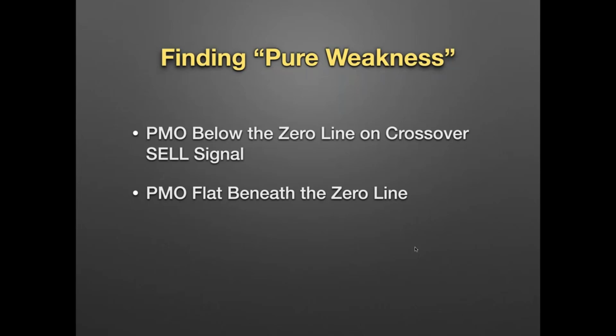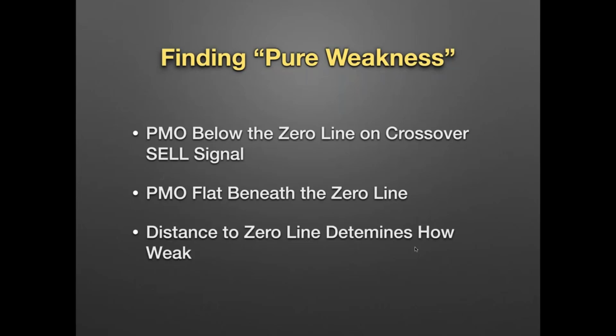You've hit cruise speed at that low momentum level, and now it's flattening out, and it just means that you have pure weakness going on. The distance to the zero line determines how weak. It's very similar to what we're using for finding pure strength.